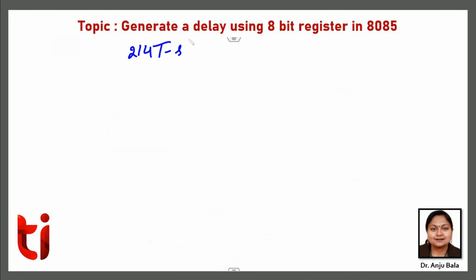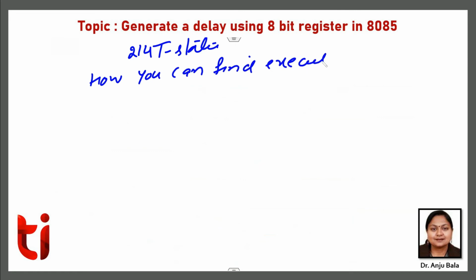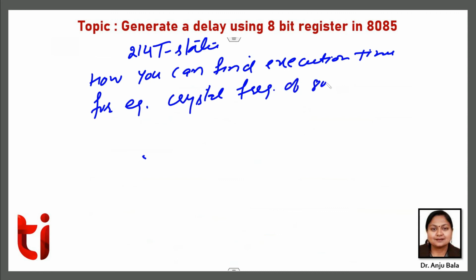After you have found the number of T states, like 214 T states, how can you find the execution time? For finding the execution time, it depends upon the frequency. For example, the crystal frequency of the 8085 microprocessor is 2 megahertz.